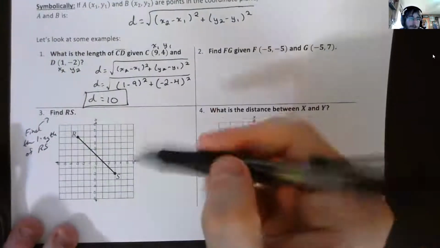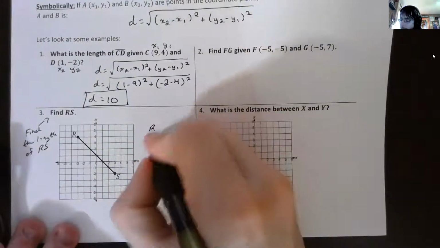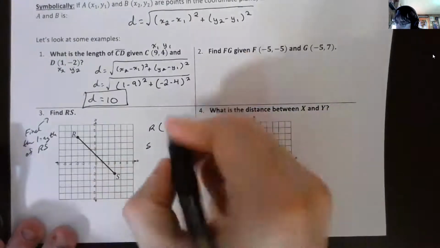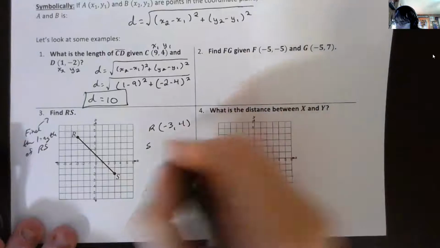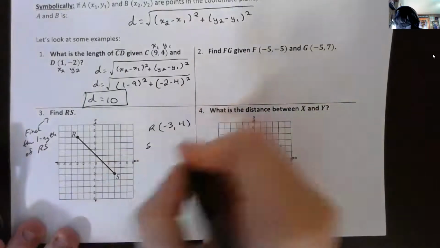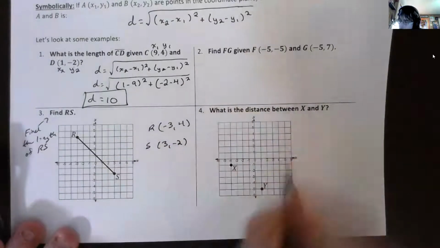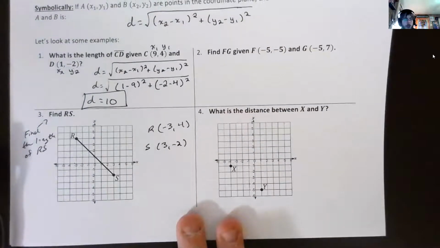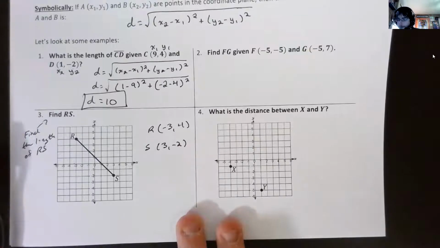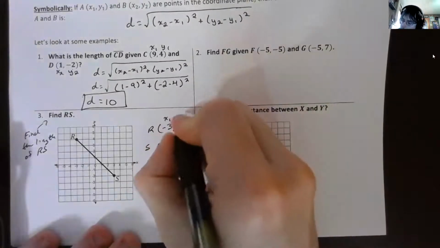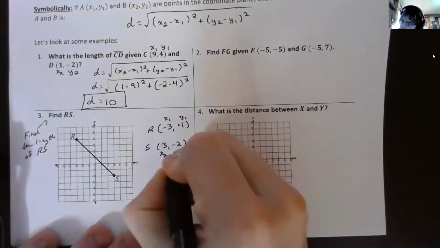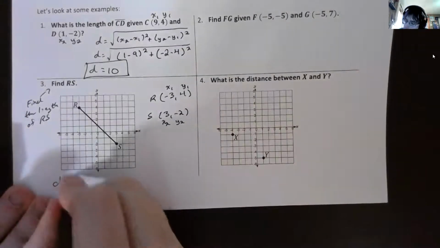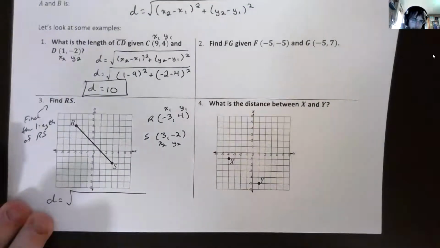So we're given a graph here, so we need the coordinates of R and S. The coordinates of R are at (-3, 4). And the coordinates of S are at (3, -2). So we're going to label our x1 and y1 and x2 and y2, and then use our distance formula. So the distance formula, we're going to do the square root.